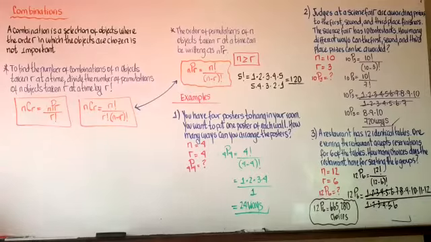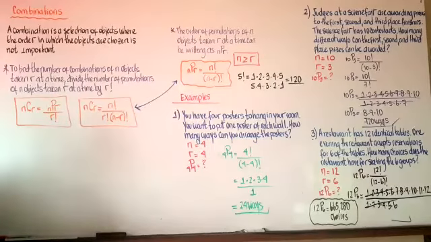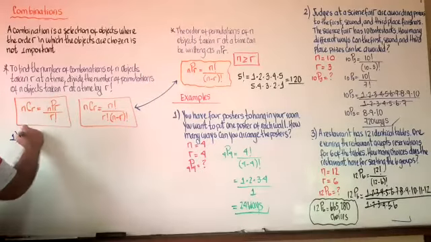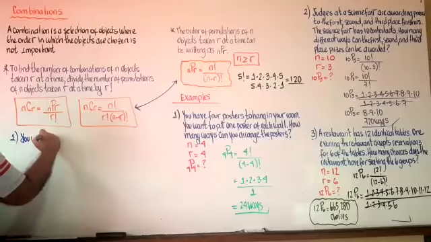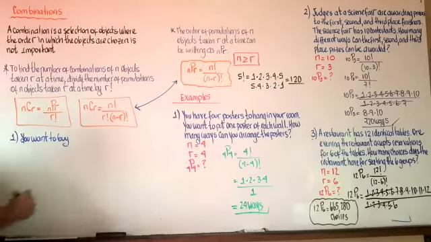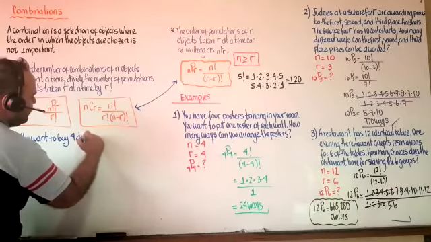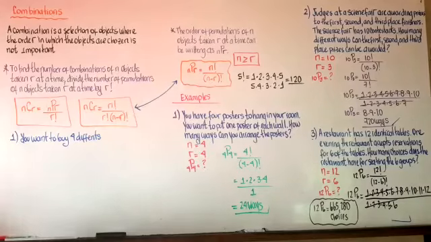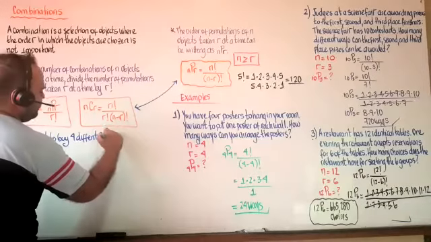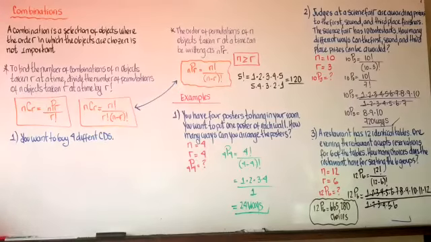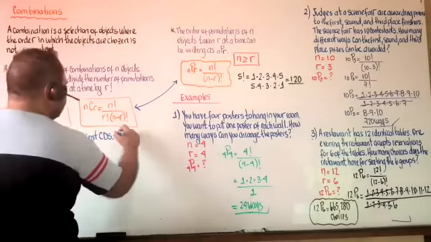Okay, so I'm going to give you an example. In example number one, you want to buy 4 different CDs.